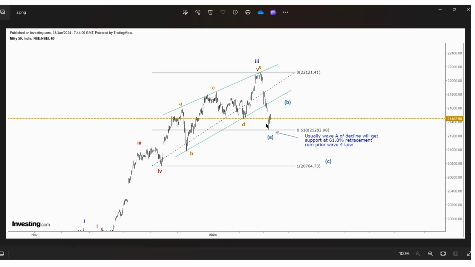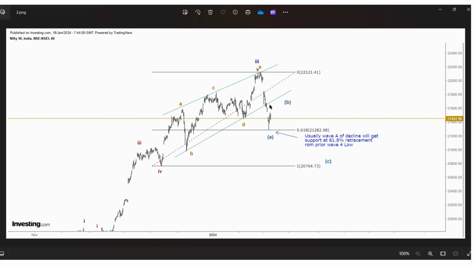Now, the key trick is a practical tip, not theory. You cannot find it anywhere. After it ends at 61.8%, your next step is to count how many waves are inside this wave A. Either it is 3 or 5.